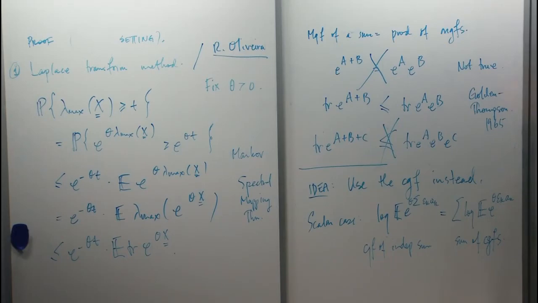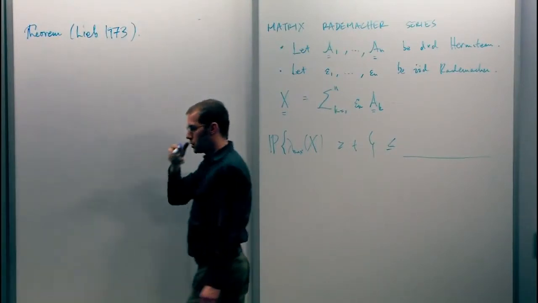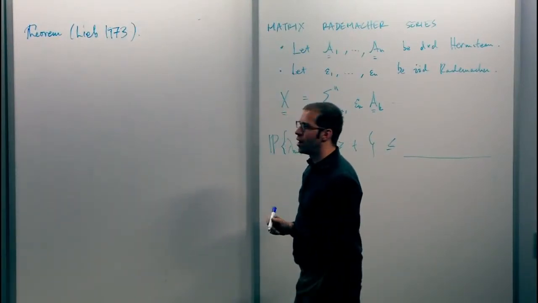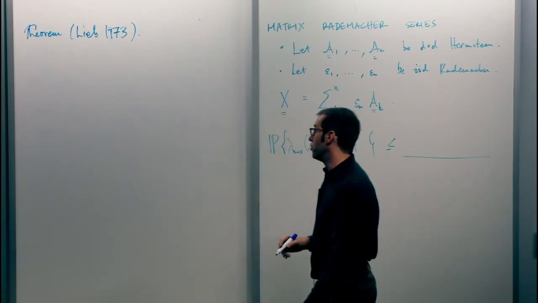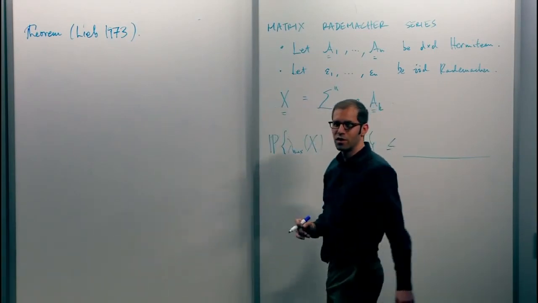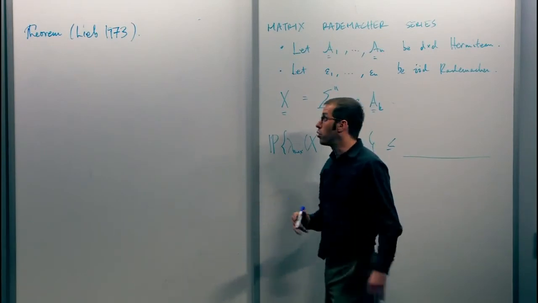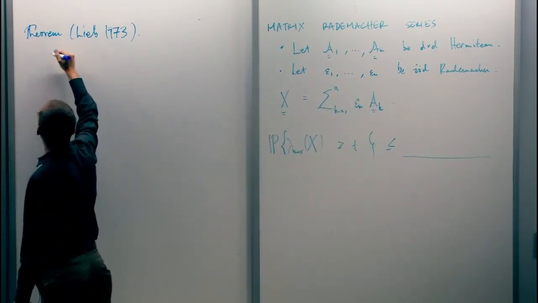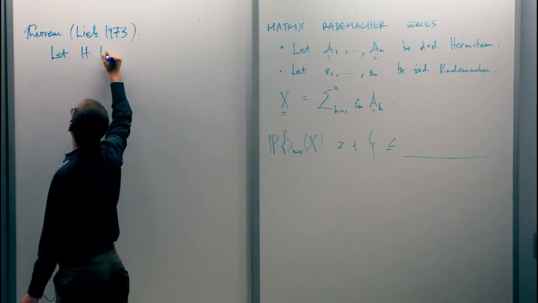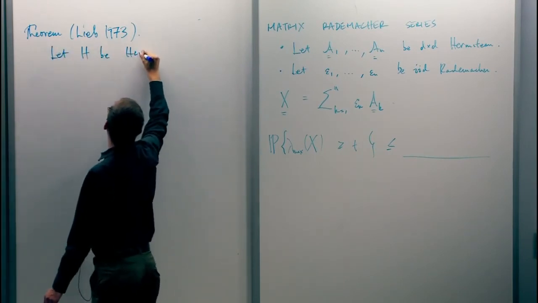In 1973, Elliott Lieb was studying the problem of the stability of matter, so why it is that lots of quantum systems have nice bulk behavior. And along the way to this, he proved the following theorem. Let H be Hermitian.